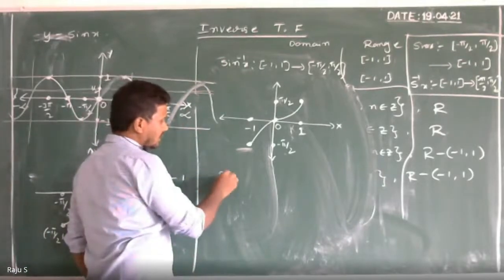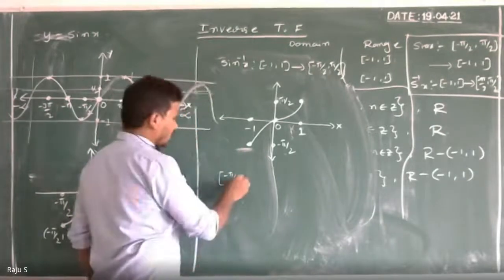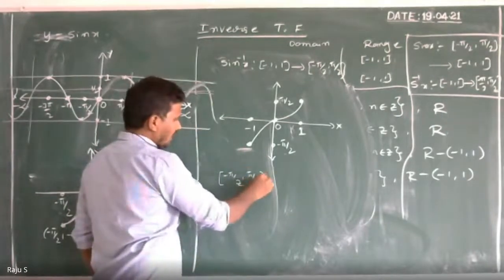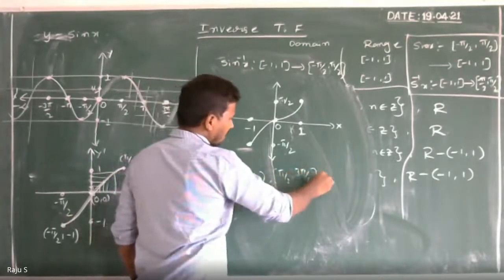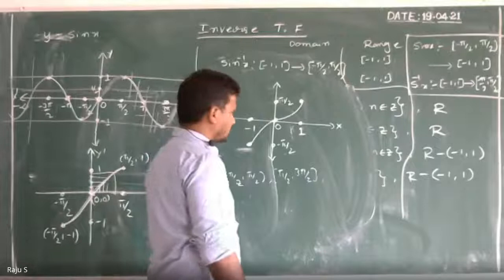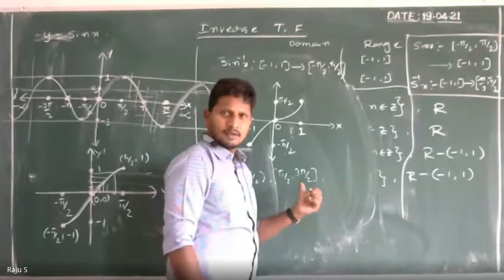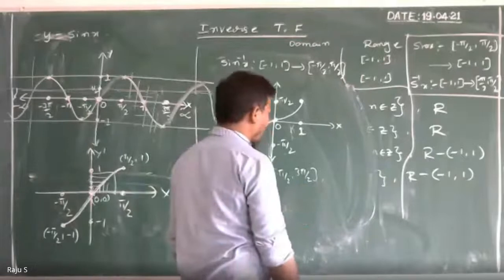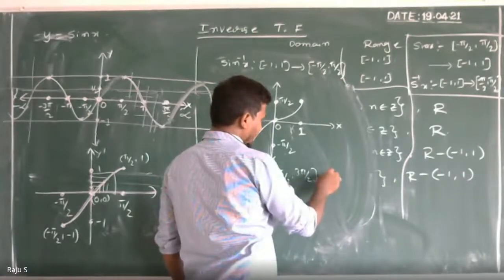Infinite intervals are there: minus 90 to 90, and 90 to 270, then again plus 180, 270 to 450, like that.